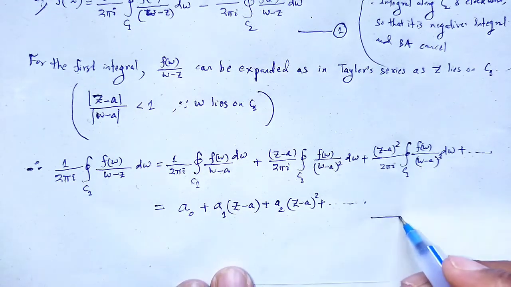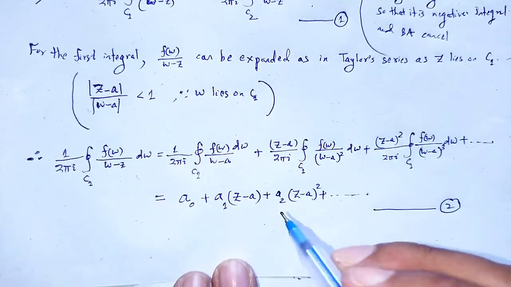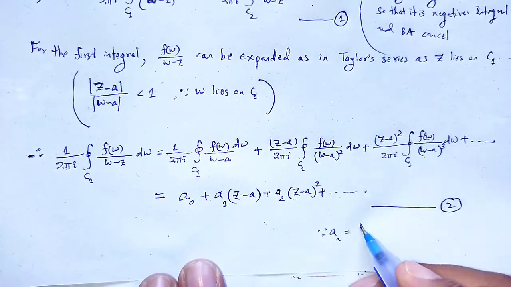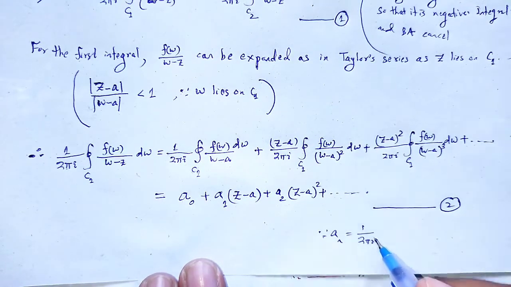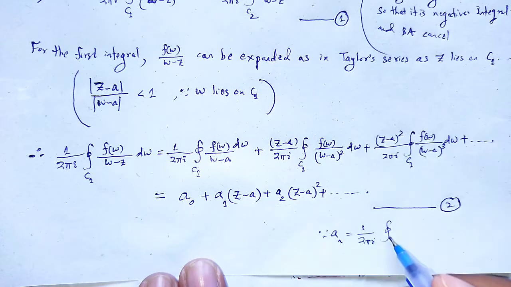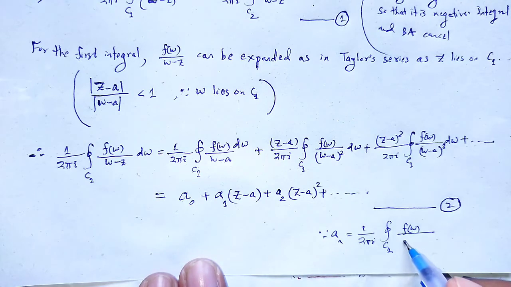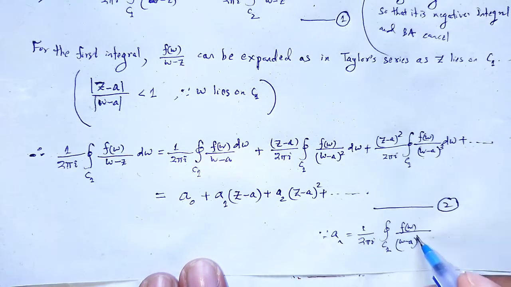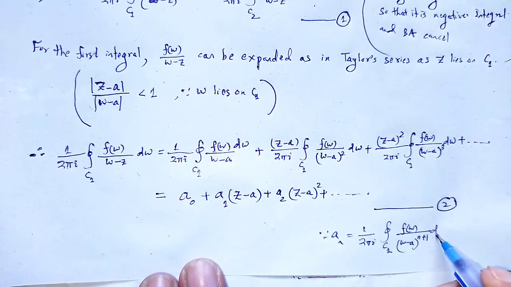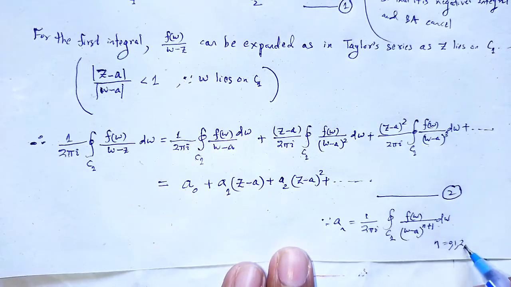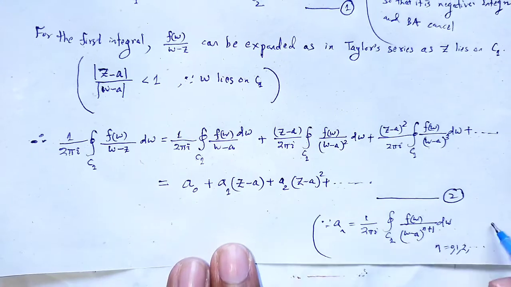That is equation number 2, where an is equal to 1 by 2 pi i closed curve integration over C1 f of w divided by (w minus a) to the power n plus 1 dw, where n starts from 0, 1, 2, 3 like this.